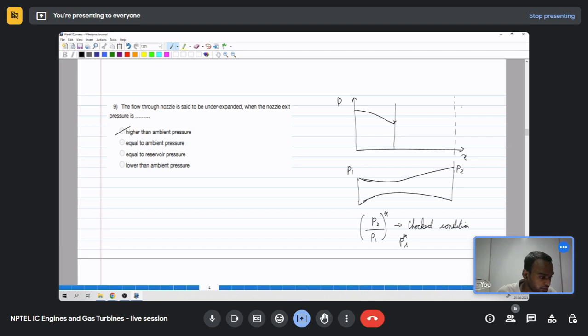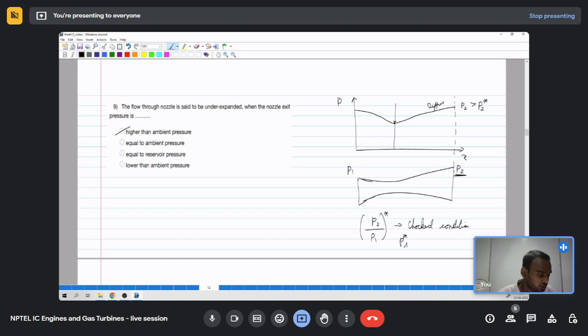If the pressure at the outlet P2 is greater than P2 star, where P2 star means choked condition, that means there is no sonic velocity attained at the throat, and the divergent section will act as a diffuser, as Mach number is less than 1.